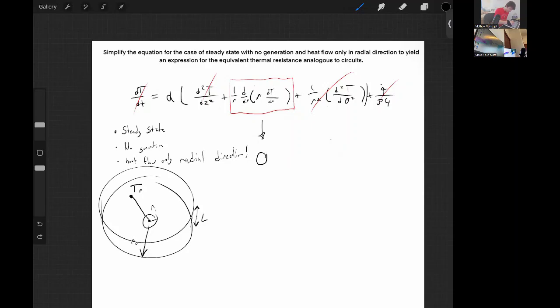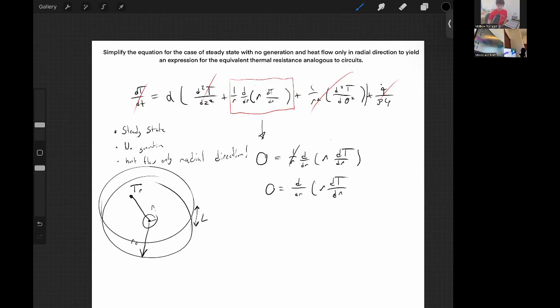We have no accumulation of material. So we set this equal to 1 over r, d/dr of r dT/dr. All right, so immediately we can cross off 1 over r because we're set equal to 0. So we have 0 equals d/dr of r dT/dr.